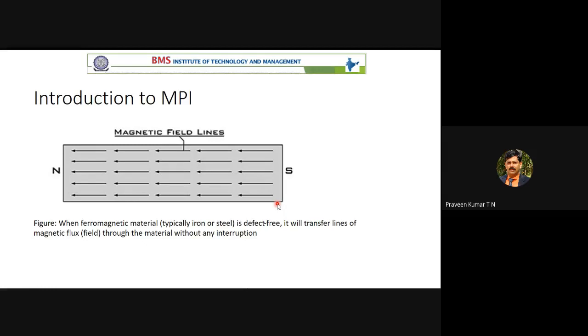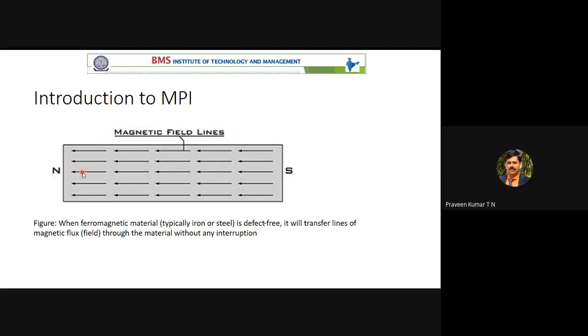Now, this principle I already explained. Once the specimen is magnetized, magnetic flux lines move from South Pole to North Pole. If there is no defect in the material, you can see the magnetic field lines moving parallel.